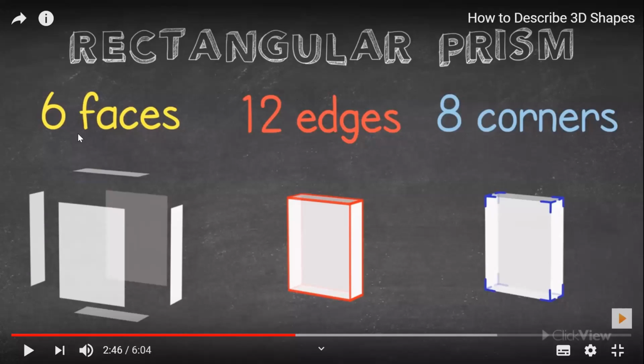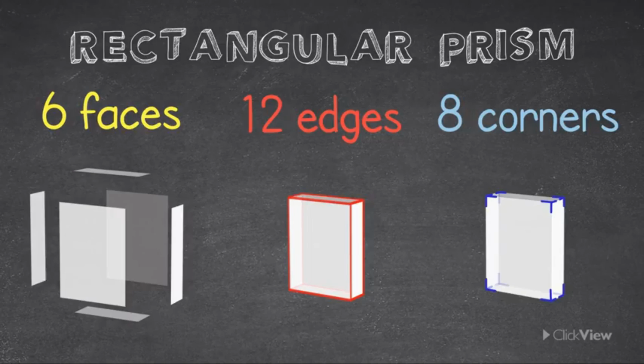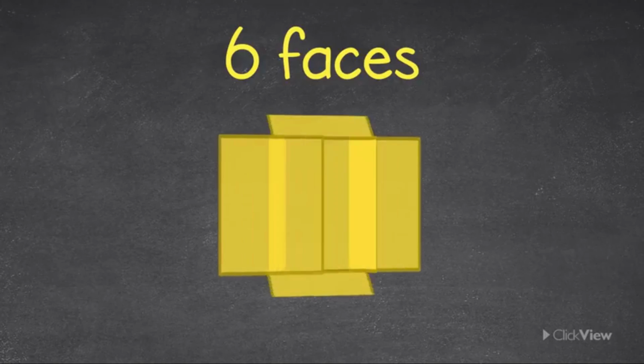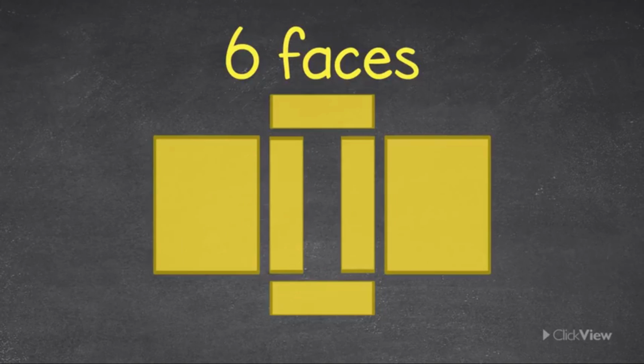This shape is the rectangular prism. It has 6 faces, 12 edges, 8 corners. It's like a cube, except instead of all the faces being squares, they're rectangles. The opposite faces of a rectangular prism are always the same size.